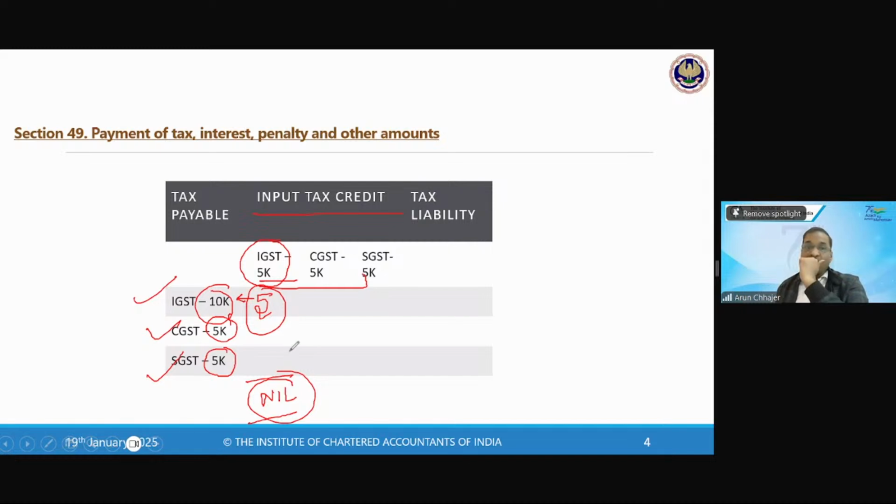Now, you tell me that CGST requires 5,000, whether IGST also requires 5,000? Then this CGST ka ITC will be given first to C or first to I. मेरा पॉइंट ध्यान से समझिएगा.